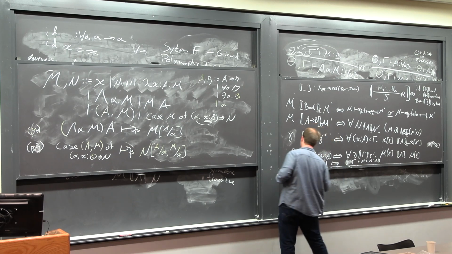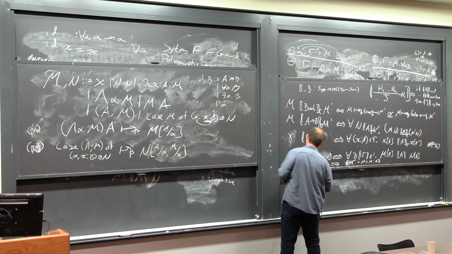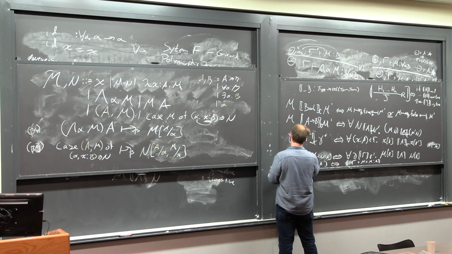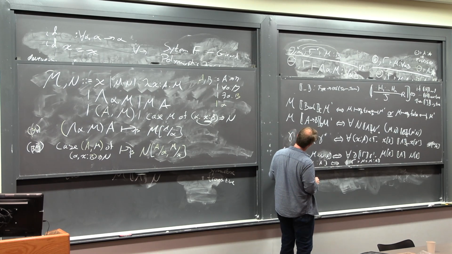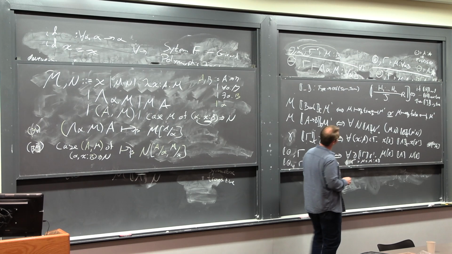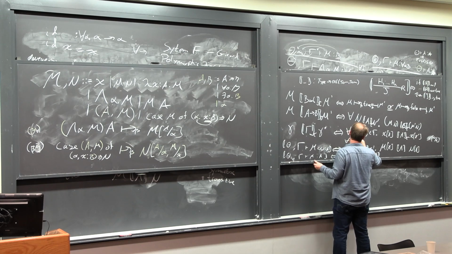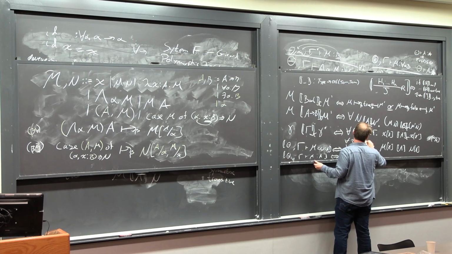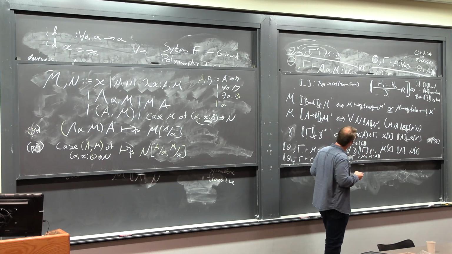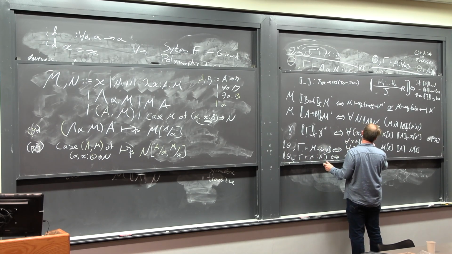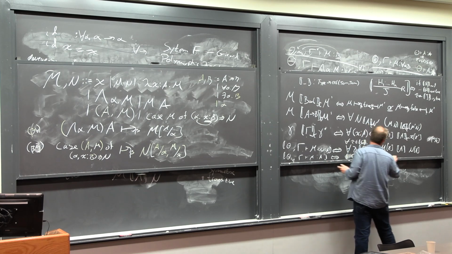What do I mean there? My judgments now have these free type variables, theta. So I'm going to have to spell out for all tau in the meaning of theta, which is going to be a whole bunch of substitutions, and I'll spell out what that means in a second, and then we can introduce it here and here.